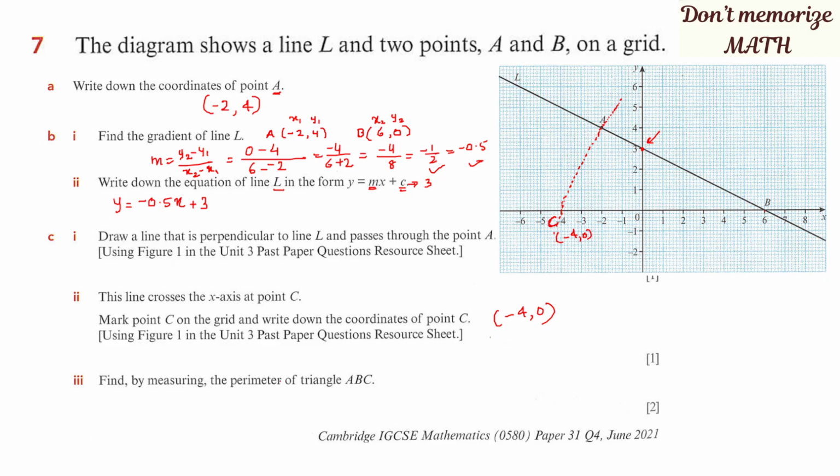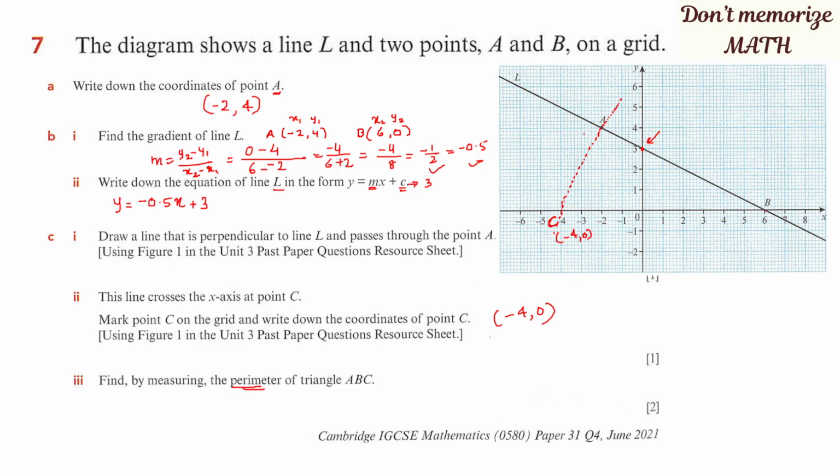Find by measuring the perimeter of the triangle ABC. Yes, we are getting a triangle ABC here, right? So you have to find the perimeter. Perimeter means add all the sides. The total boundary is called the perimeter. So use the ruler, find the length AB plus BC plus CA, or AC.